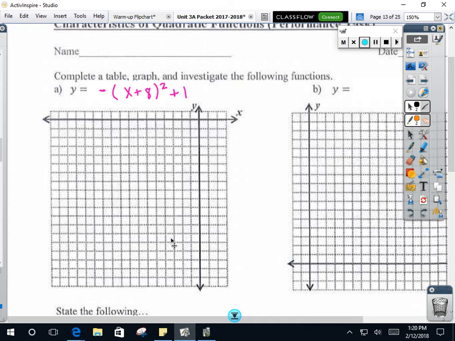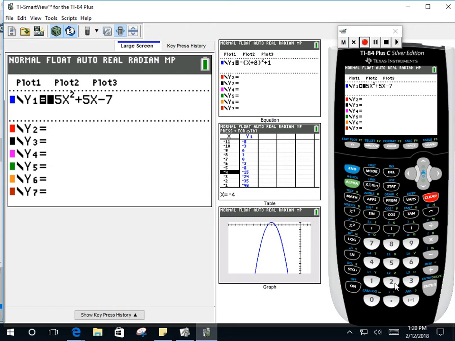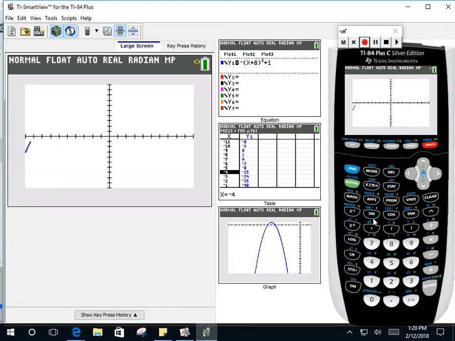Okay, so you already graphed it on your graph paper, right? To save time, I'm just going to do it on my calculator and copy the picture here instead of regraphing. So y equals negative parenthesis, x plus 8, close parenthesis, squared, plus 1. Okay, that's what the graph looks like.